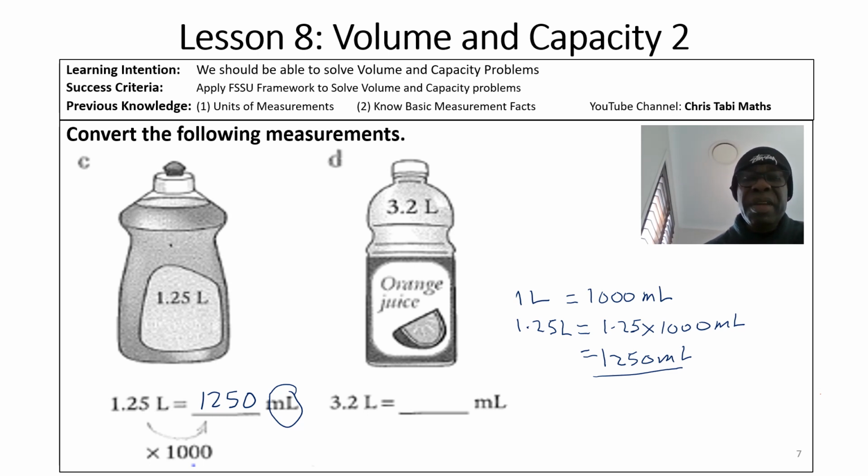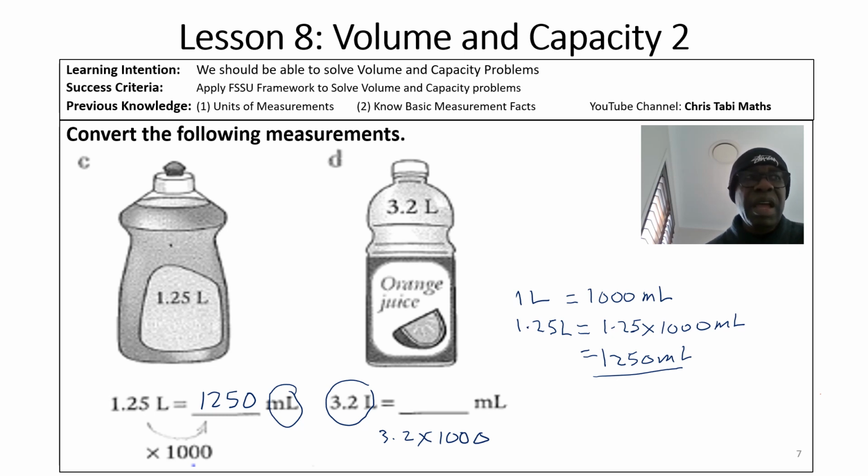Can do the same argument for an orange juice, which is 3.2 liters. So it will be 3.2 multiplied by 1000. So you can see when it is given the bigger unit and you want it in the smaller units, like moving from dollars to cents. Basically, a dollar will give you 100 cents. How do you know that? Because 100 cents equals $1.